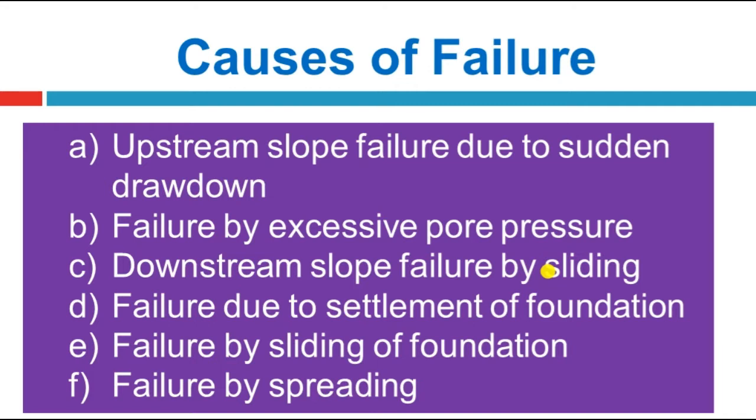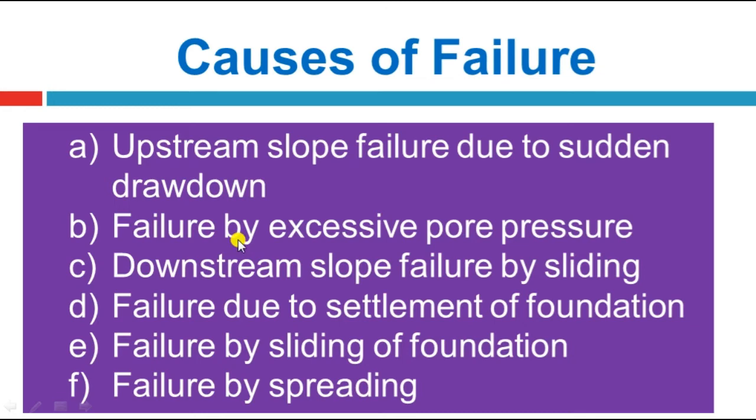Next are the causes of failure of the earthen dam. How does an earthen dam fail? First we have to understand how each component fails. Upstream slope failure due to sudden drawdown: if we have a maximum amount of water stored in the dam and suddenly remove all the water, that is a failure.